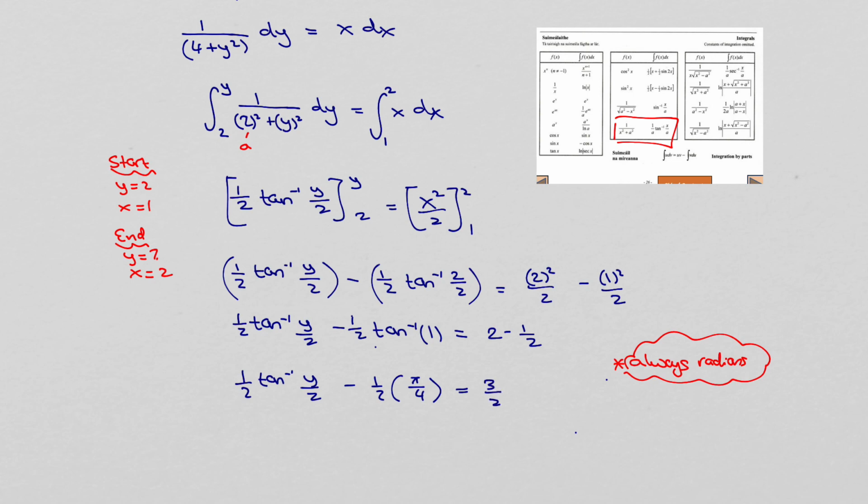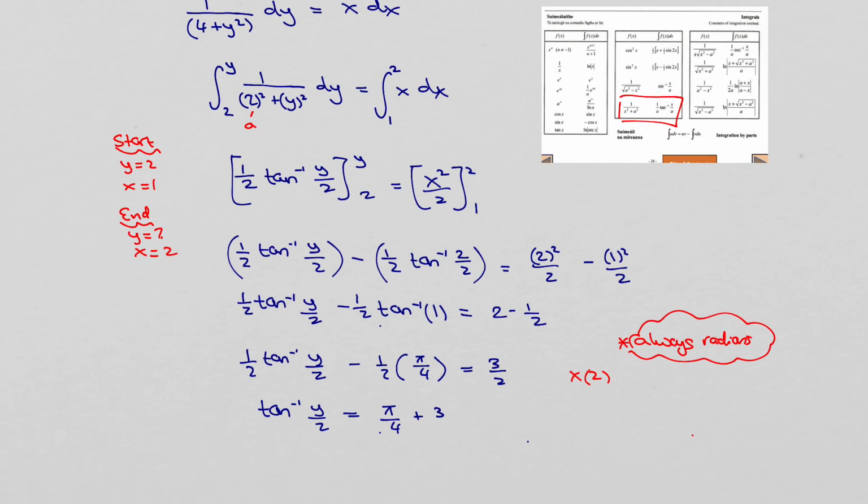So I'm going to multiply across by 2 here just to eliminate those fractions. And therefore that's tan inverse of y over 2 is equal to pi over 4 plus 3. Or sorry, plus 3 I should say. And then I have tan inverse of y over 2.